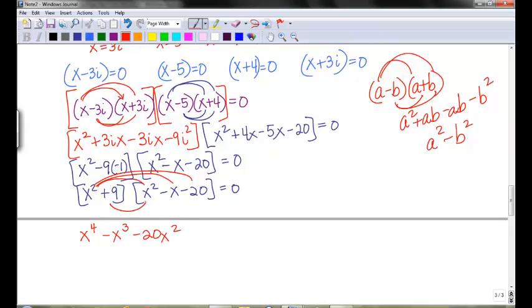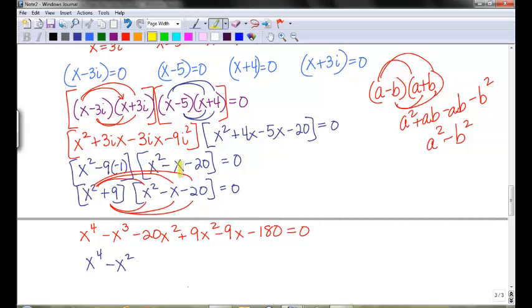Okay, and then you've got to multiply 9 times everything, and then you've got to combine like terms. And it still equals 0. If you leave the equal 0 off on the test, I'm going to take off points. Okay, combine like terms. We've got an x to the 4th, a negative x squared.